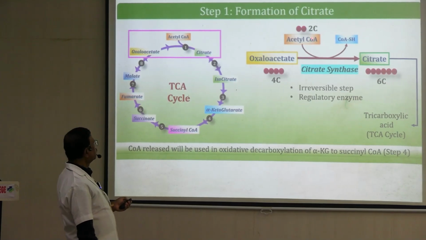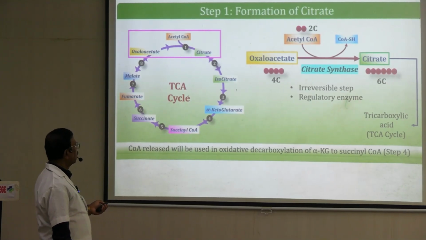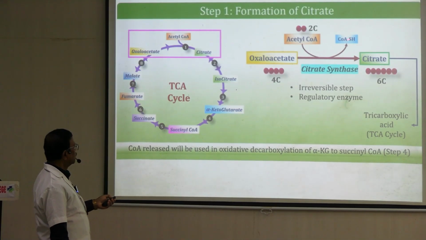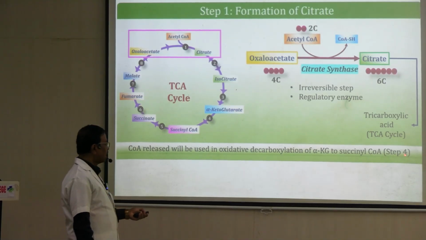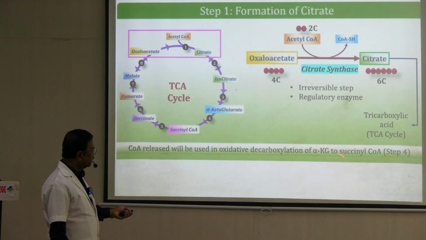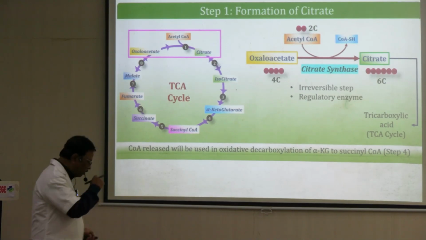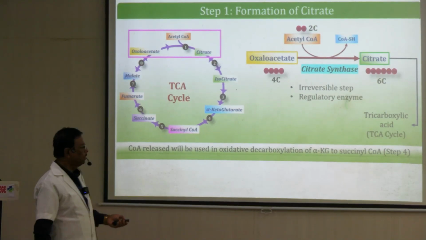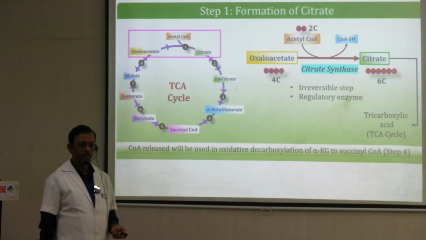The coenzyme A which is released here, from acetyl-CoA condensing with oxaloacetate, is again utilized in reaction number 4, catalyzed by alpha-ketoglutarate dehydrogenase to produce succinyl-CoA.